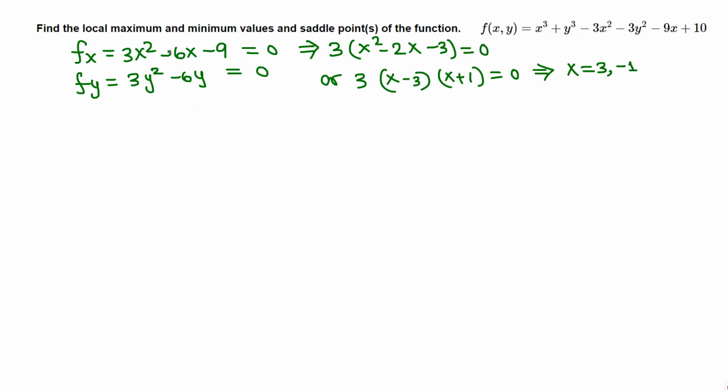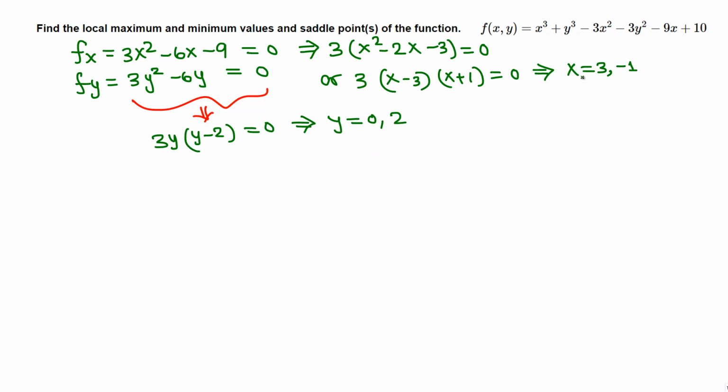Okay, from the second, we can factor 3y out, so we get 3y times y minus 2 equals 0. So 3y equals 0 means y equals 0, and y minus 2 equals 0 means y is 2. So we got 2 values for x and 2 different values for y, and we found them independently.